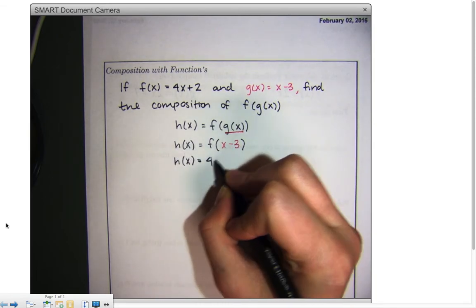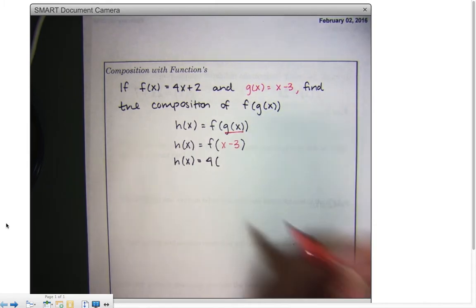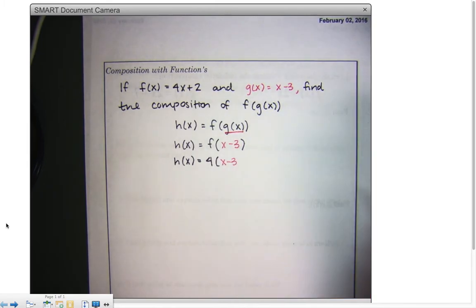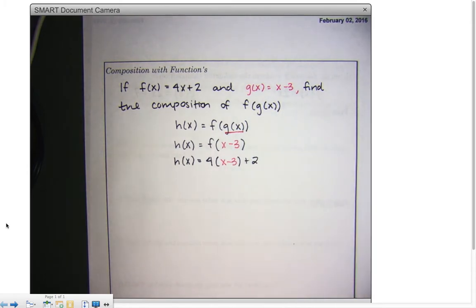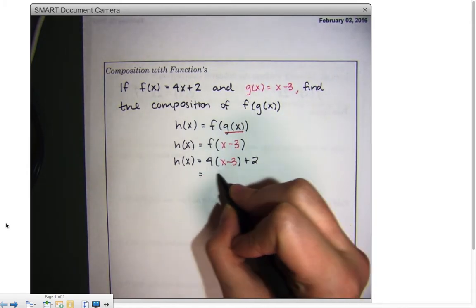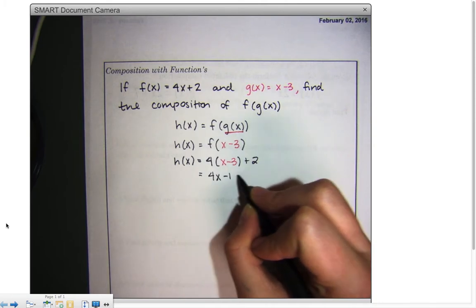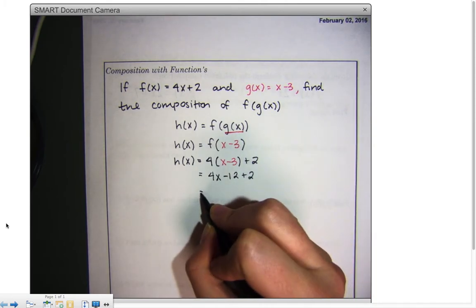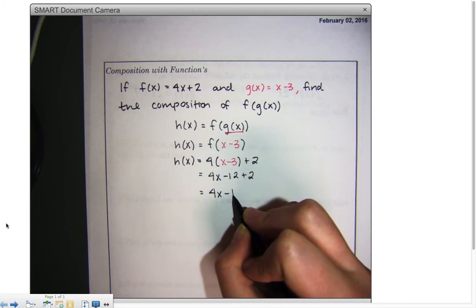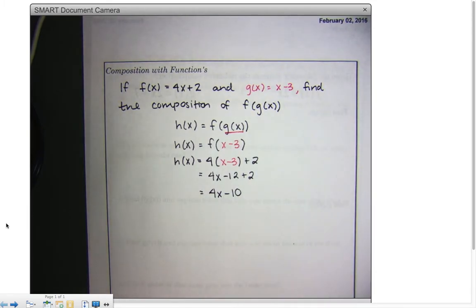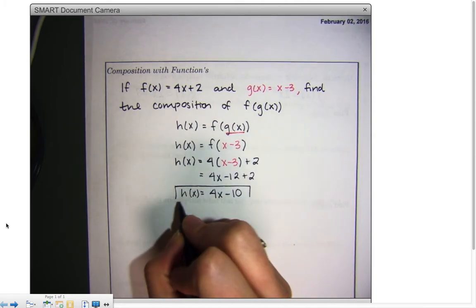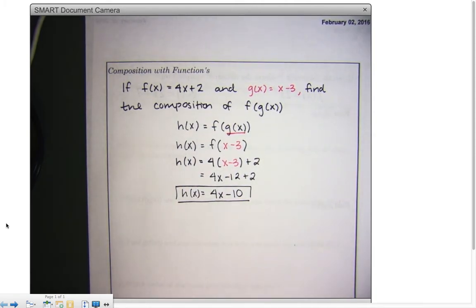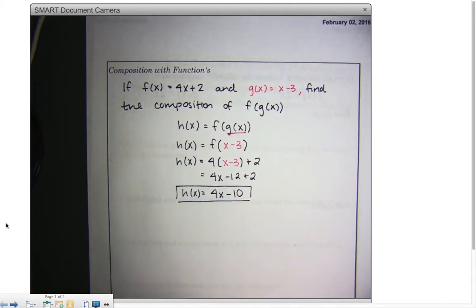So I've got 4 times x minus 3 plus 2. Distribute the 4x minus 12 plus 2 is 4x minus 10. That is your new h of x. So when I input a function into another function, when I do the composition, my new answer is another function.